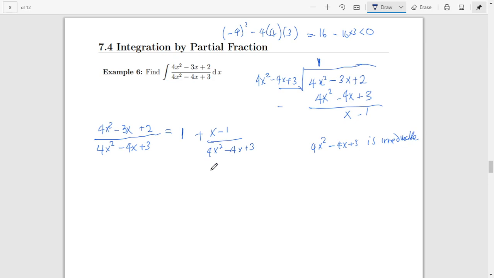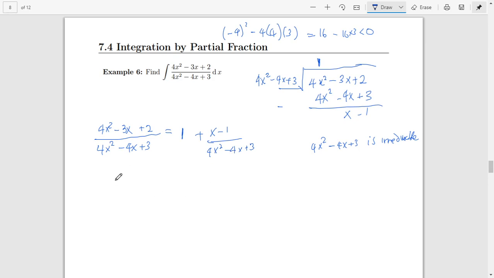For me to integrate it this way, I would need to complete the squares, because that would give me this thing here as something squared plus another thing squared, which I know how to integrate.